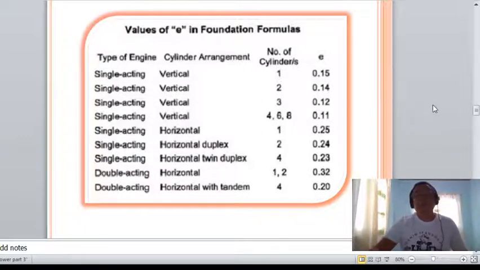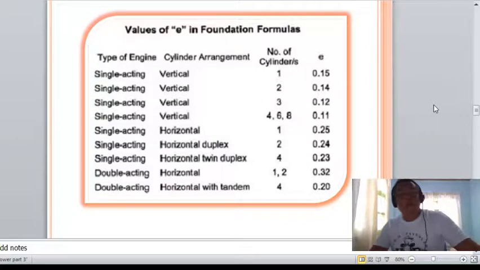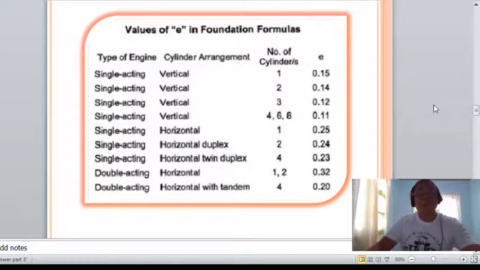Just look at the arrangement of the cylinder and then look for E.